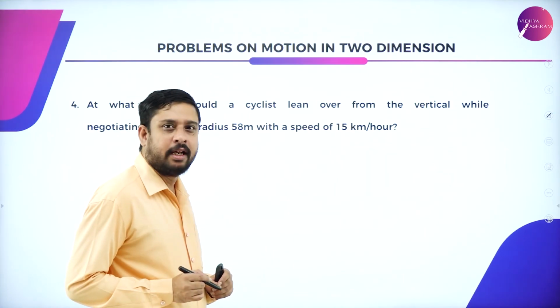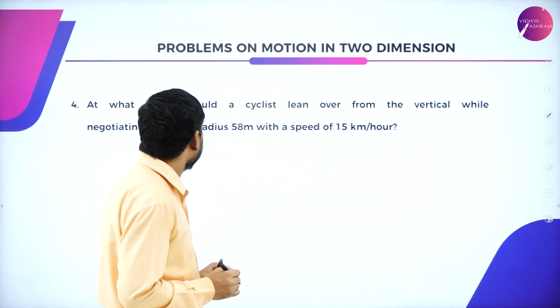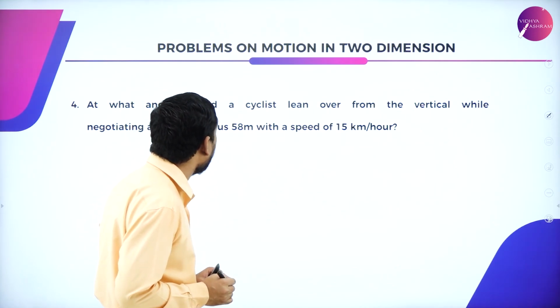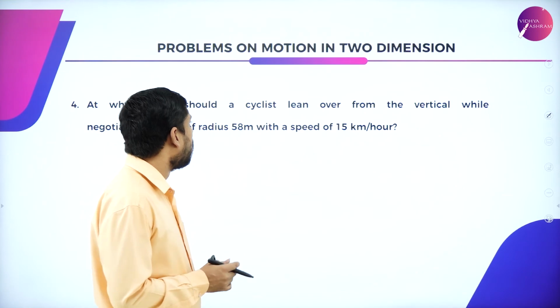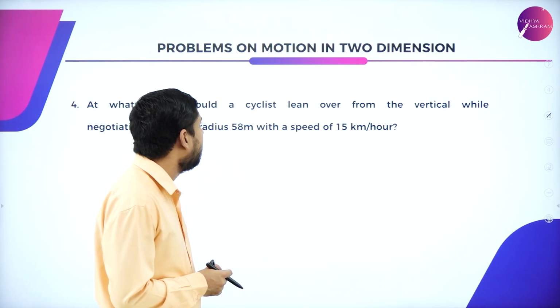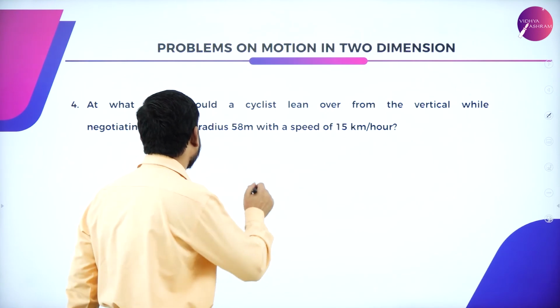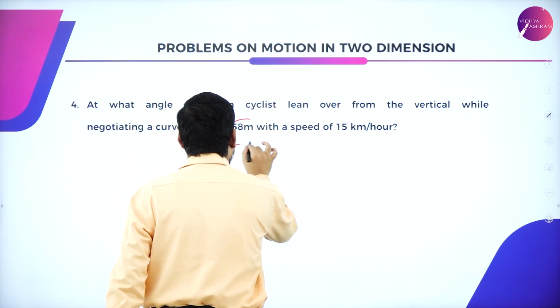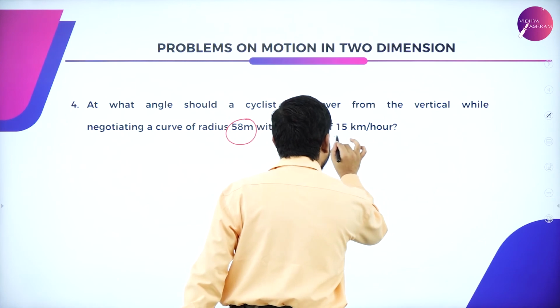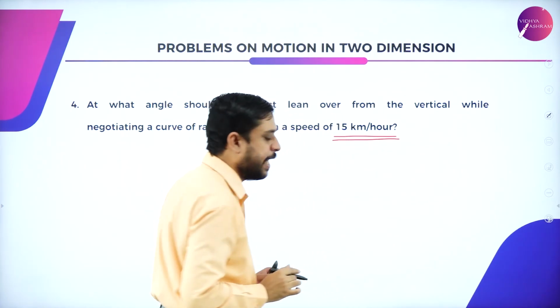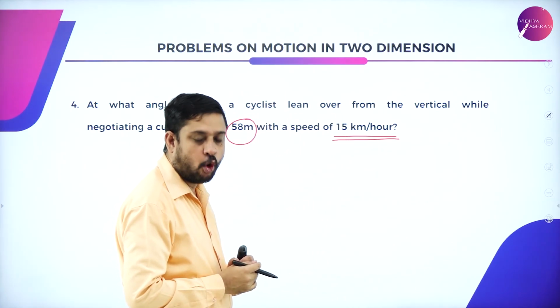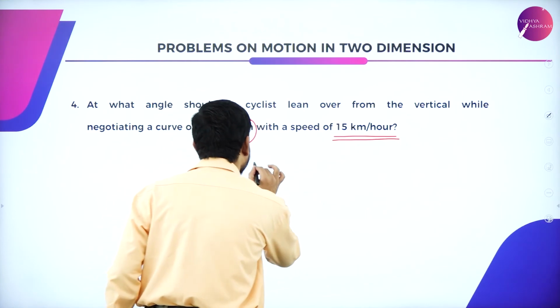At what angle should a cyclist lean over from the vertical while negotiating a curve of radius 58 meter, speed 15 kilometer per hour?